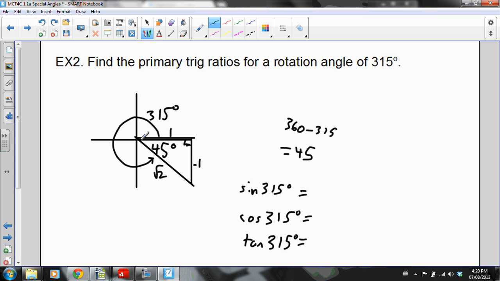So sine is opposite over hypotenuse, negative 1 over the square root of 2. Cos is adjacent over hypotenuse, 1 over the square root of 2. Exact values, right? And tan is opposite over adjacent, negative 1 over 1, which is negative 1. And that's it.